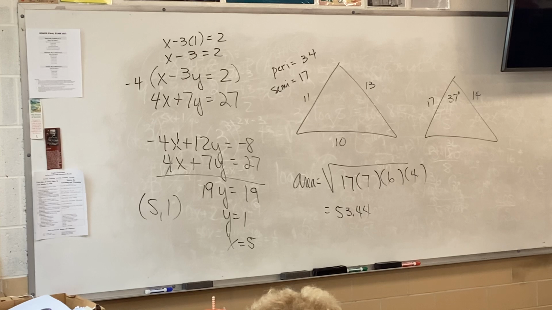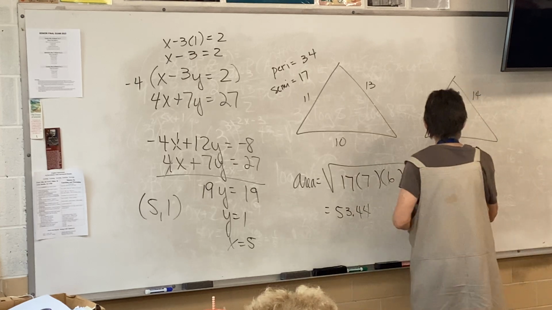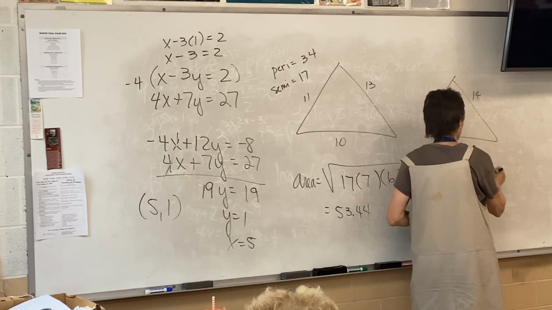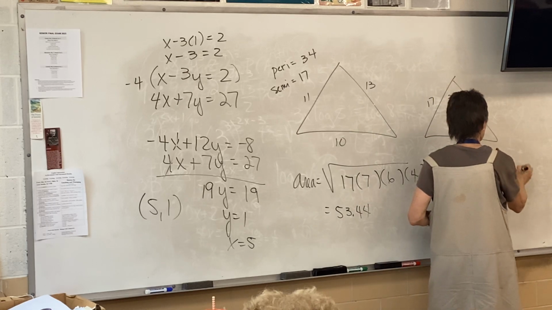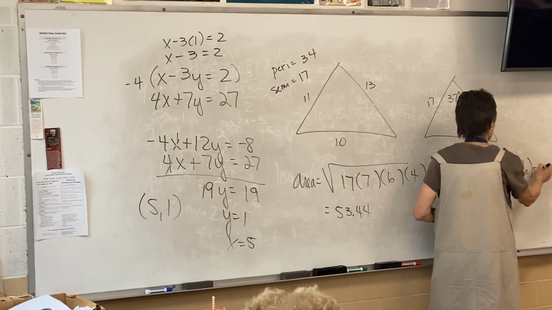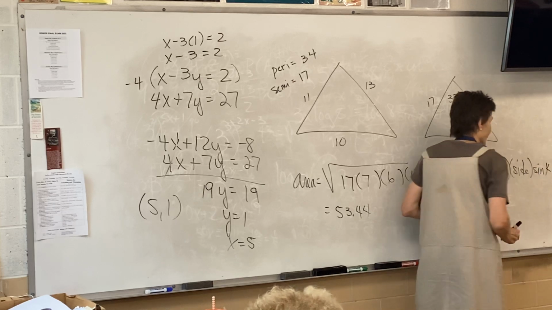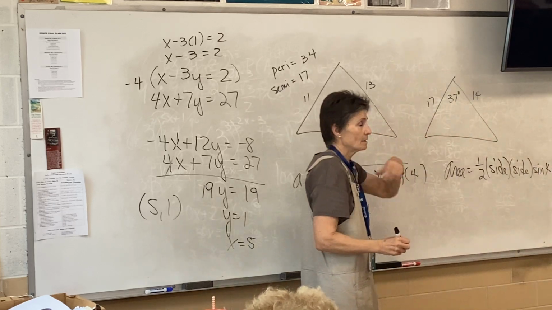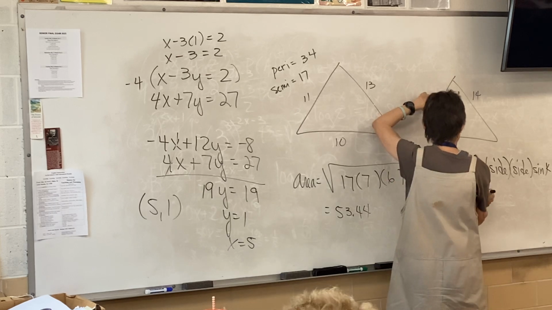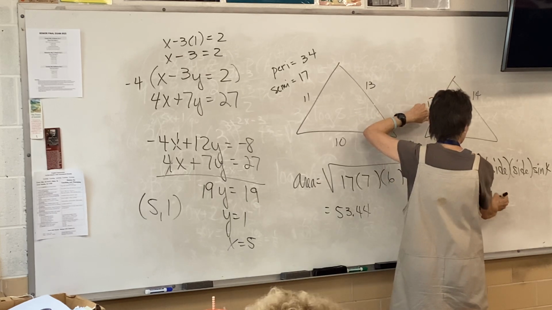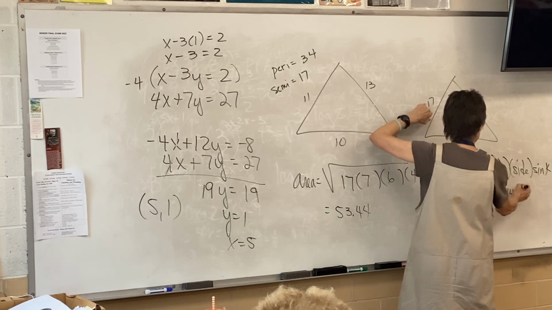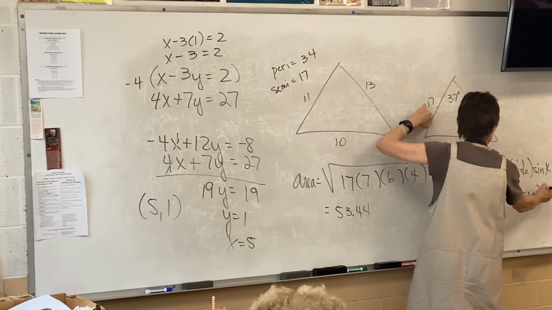That's what we just did, right? And look right under it. It says area equals 1/2 side times side times sine of included angle. So area is 1/2 times 17 times 14 times sine 37.